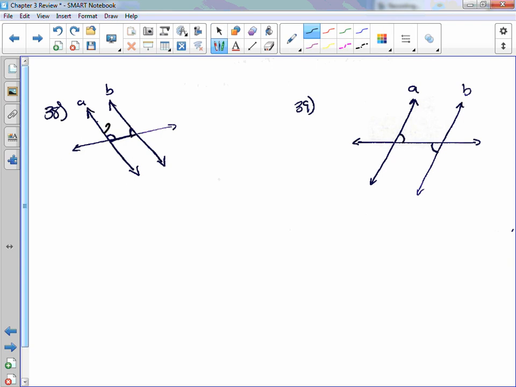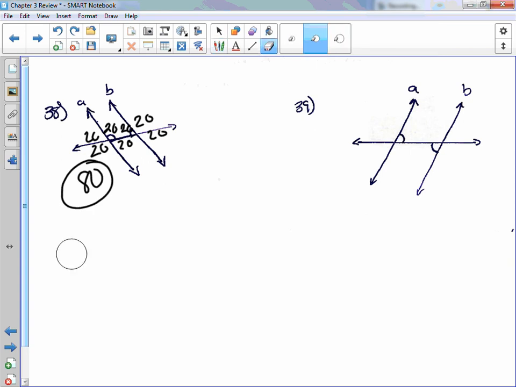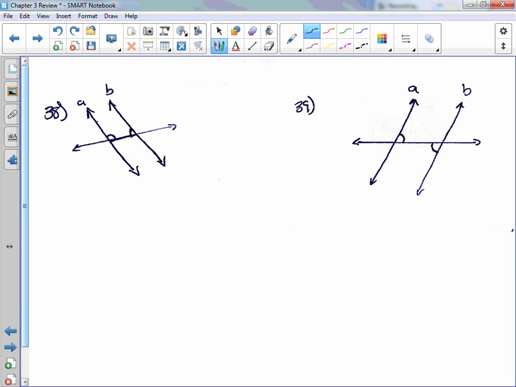If I said that this was 20 degrees and this was 20 degrees, it would mean that these both are 20 degrees because of vertical angles, yes? This one and this one are corresponding, so that would be 20. Wait a minute, that's 20, 40, 60. That'd just be 80, wouldn't it? That's not 100. They would not be parallel. Y'all see this here? So just because they're congruent doesn't mean that they're going to be parallel.